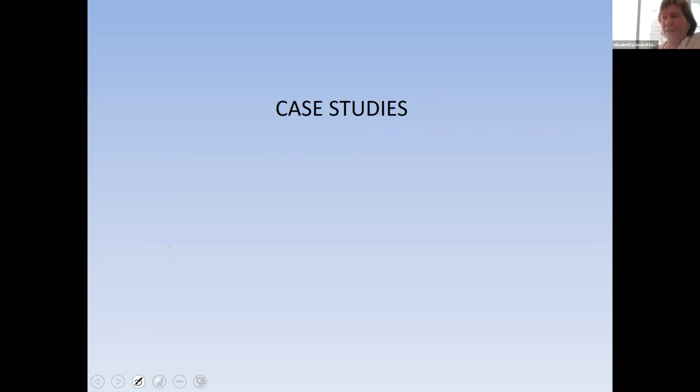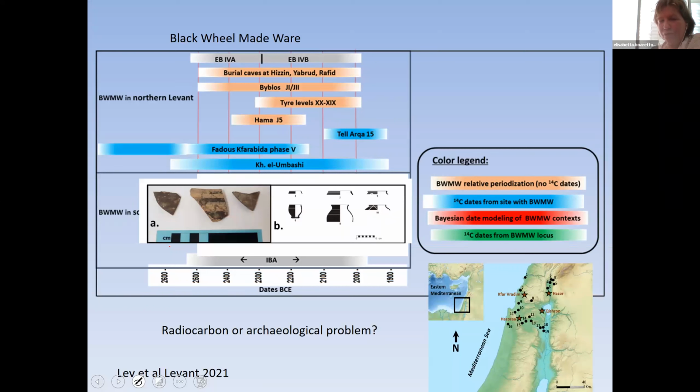We moved it to the 9th century BC, so quite a large difference. And I introduced last time the black wheel made ware, which is a very characteristic pottery that appeared in the southern Levant, and is a way to synchronize with the North Levant archaeology.